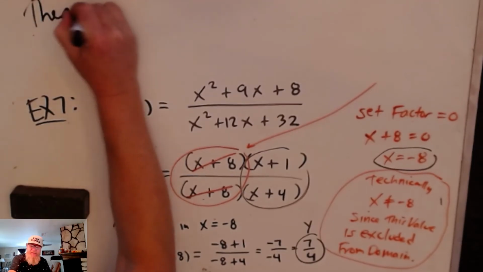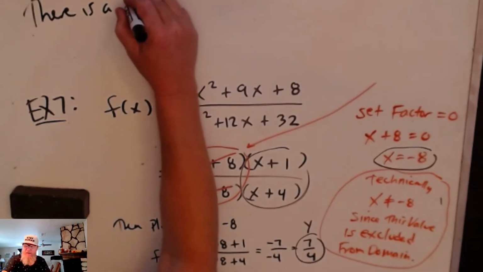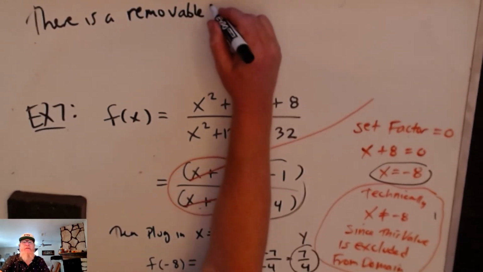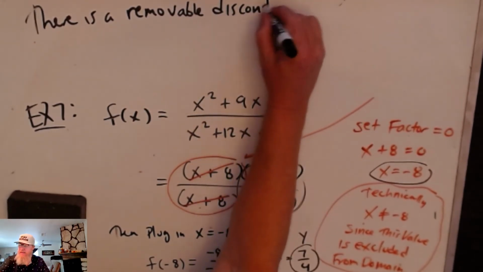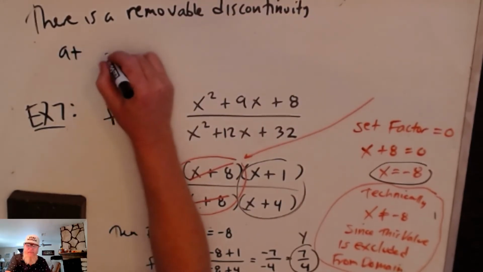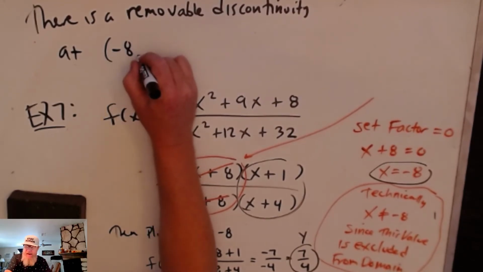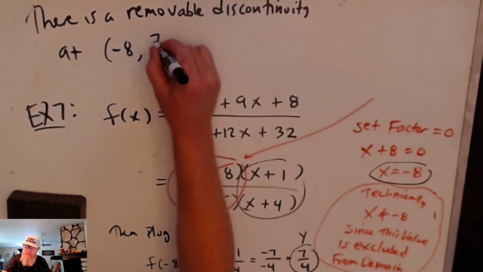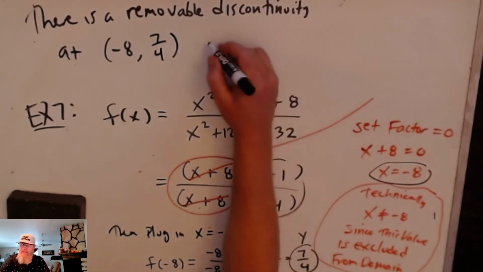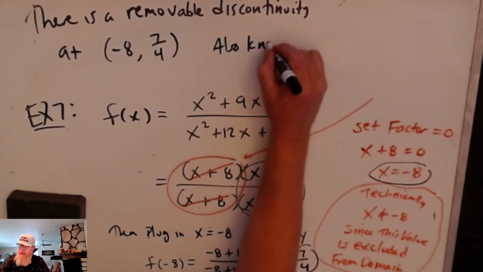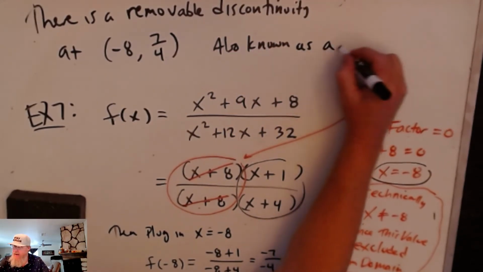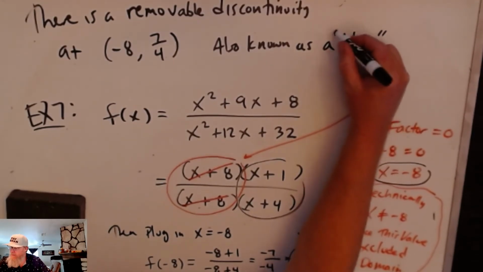There is a removable discontinuity at -8, 7/4. It's also known as a hole in the graph.